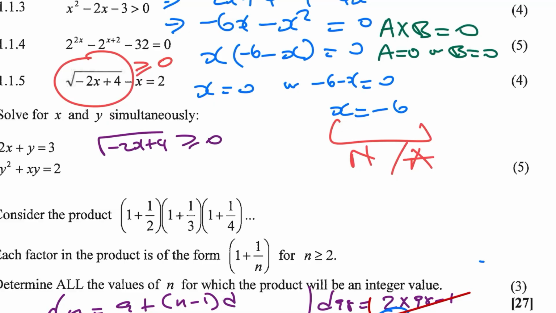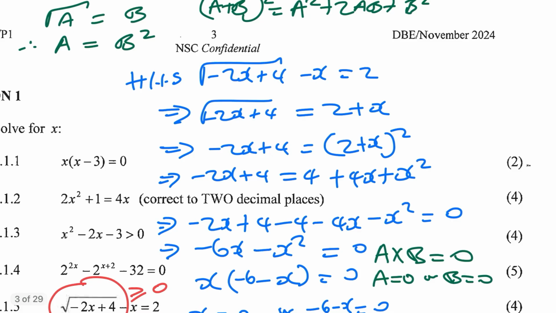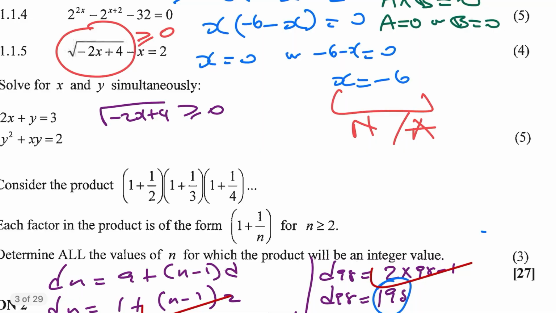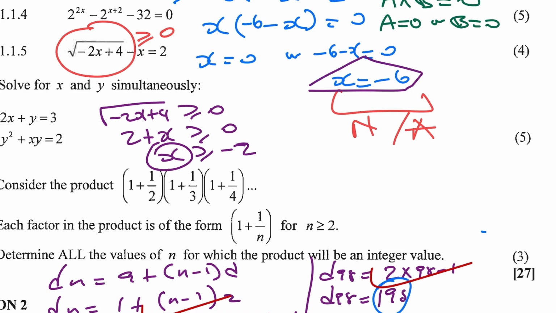Negative 2x plus 4 should always be positive. And we know negative 2x plus 4 is equal to 2 plus x. So I'm saying 2 plus x should always be positive. Therefore, x should always be greater than negative 2 for this to hold. And x is less than negative 2, so it doesn't hold.